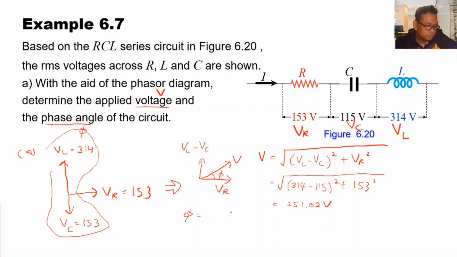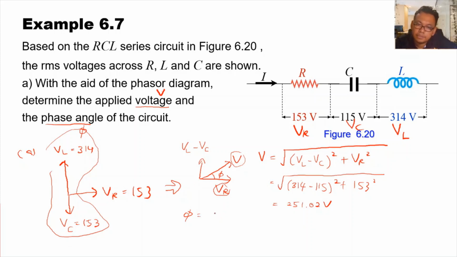From this diagram, what is the relationship between the voltage across the resistor and the applied voltage?